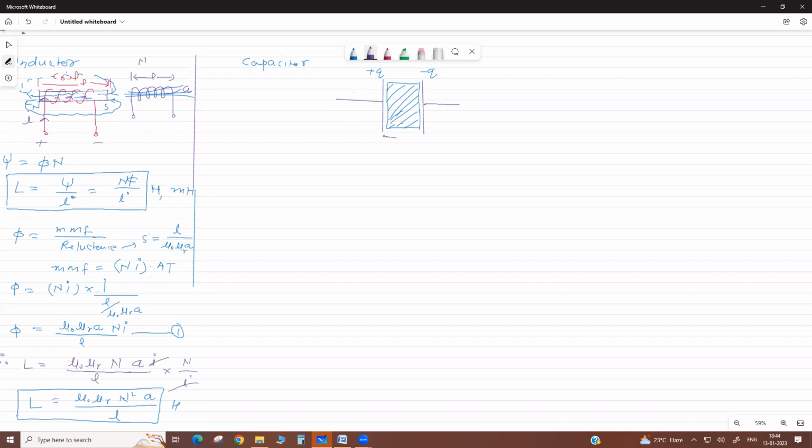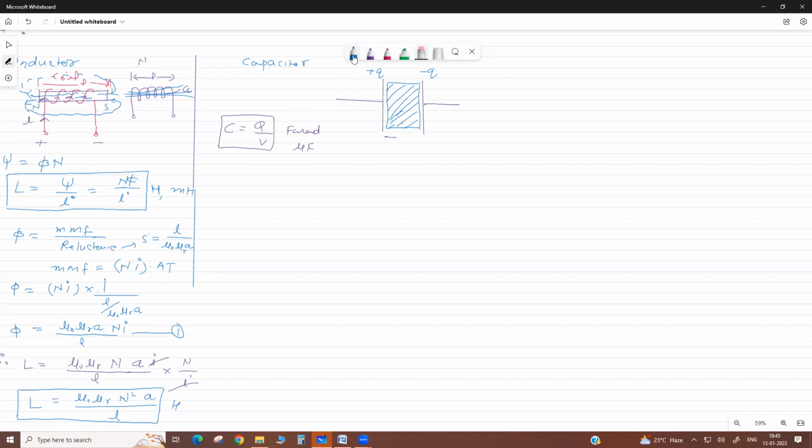When we calculate capacitance in electrical terms, C equals total charge per unit voltage, Q by V. It is coulomb per volt, which is called farad, or we can use microfarad.